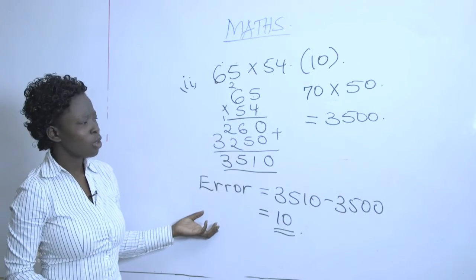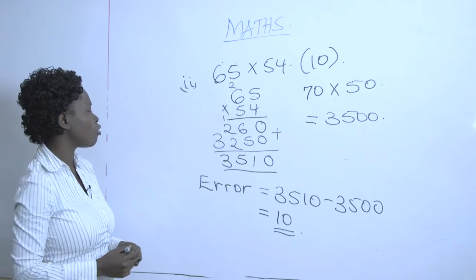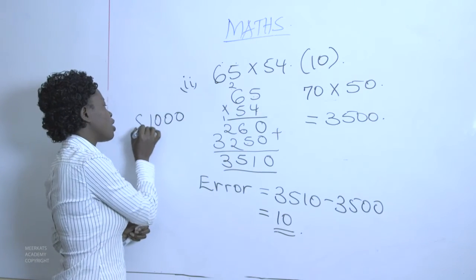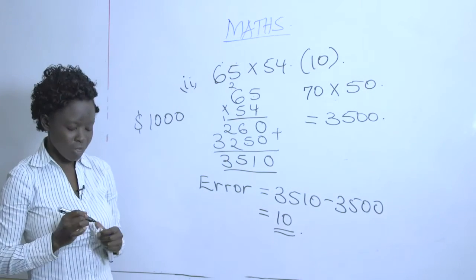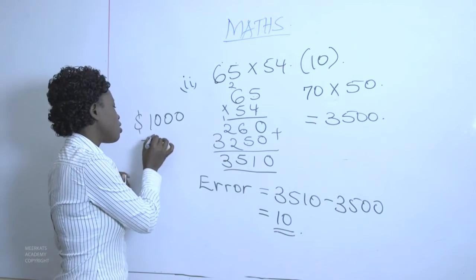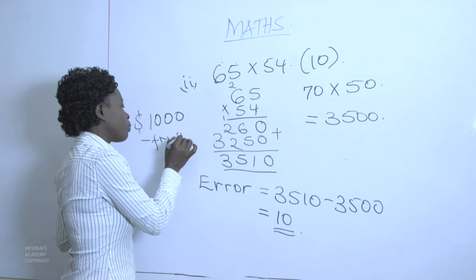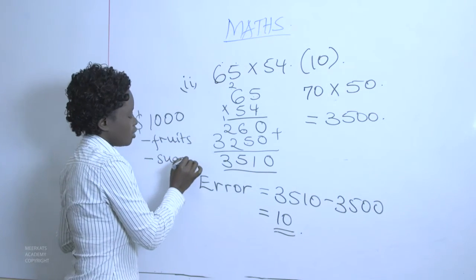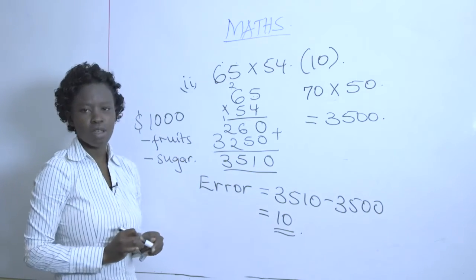So you are thinking, I have $1,000. So if I have this $1,000, I need to go and buy some items, maybe some fruits, then buy sugar and so many other items from that $1,000.